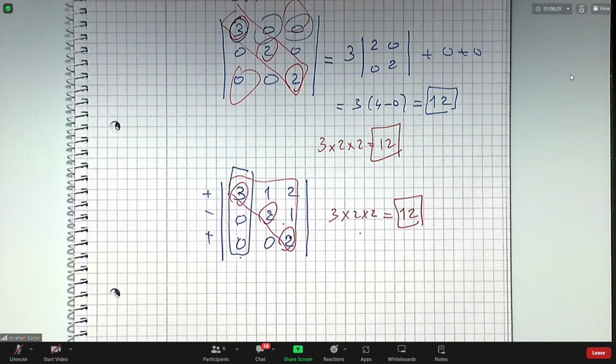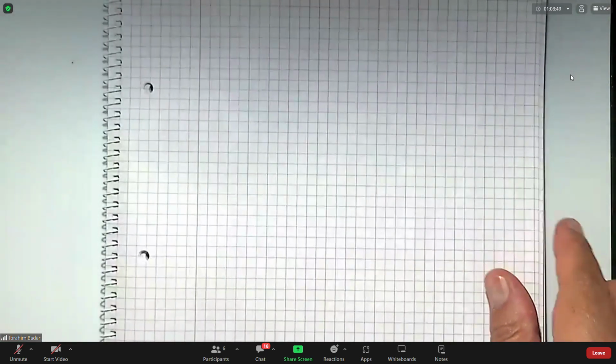Okay, so this method is actually, as I mentioned, a favorite of most of the students. Now, before we go to the break, I just want to show you something here.